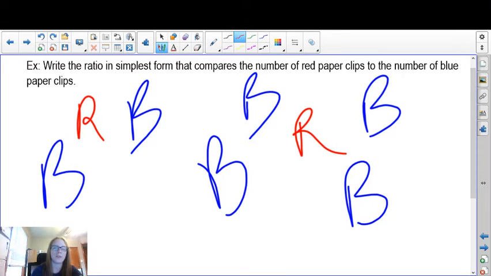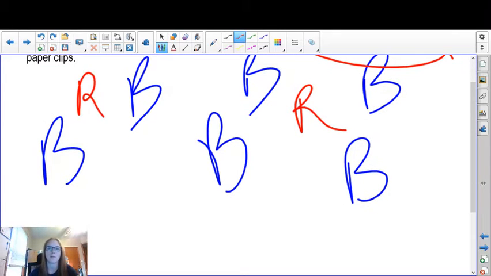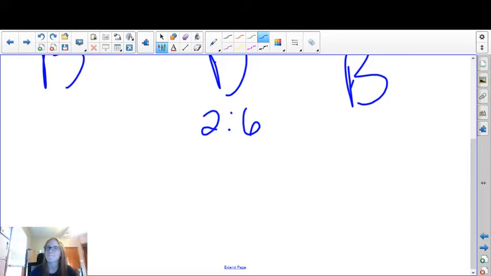Now, what way do we need to go? Well, I see the word red pop out first, and then I see it followed by blue. So how many red paper clips do you see there? How many R's did I write? 2. And then how many blues did I see? 1, 2, 3, 4, 5, 6. Now, is that in simplest form? 2 to 6. Nope, we just worked on that problem. So 1 to 3.